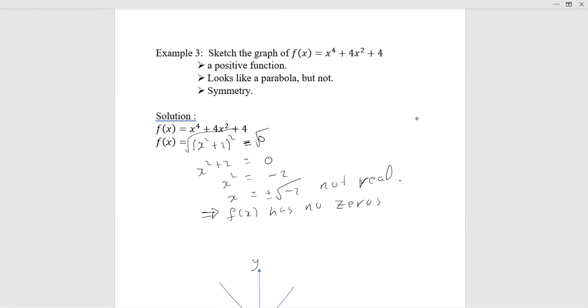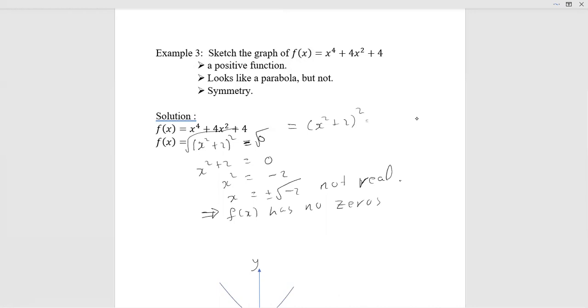Also, we saw when we factor this, it was x squared plus 2 to the power 2. For any x value, you cannot make this function negative. If you substitute any x value, any negative value, positive value, 0, whatever it is, it gives you a positive number.